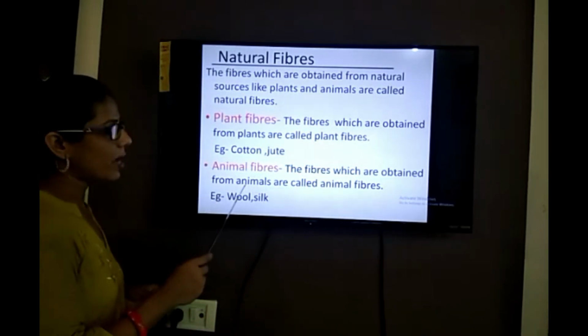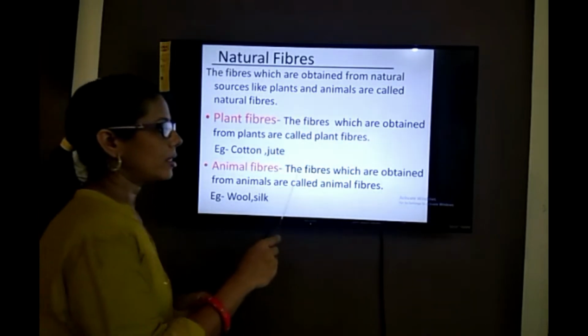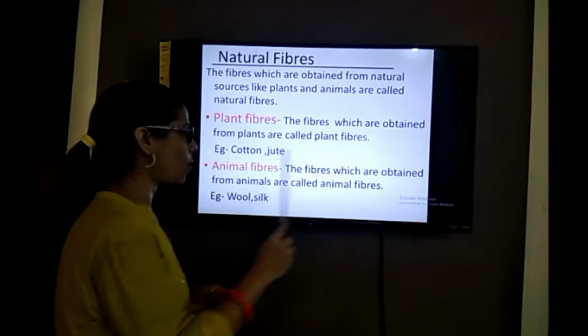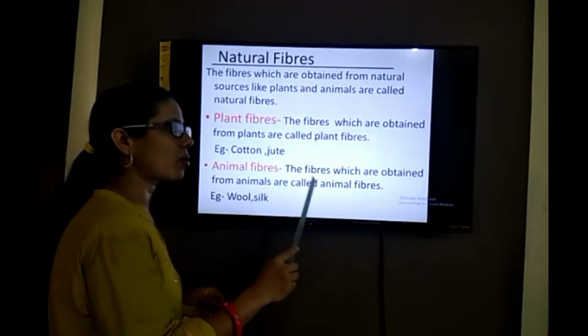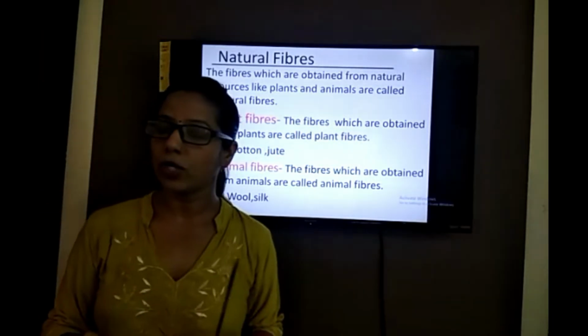The next type of natural fibers are animal fibers. Animal fibers are the fibers which are obtained from animals, and animals are natural sources.